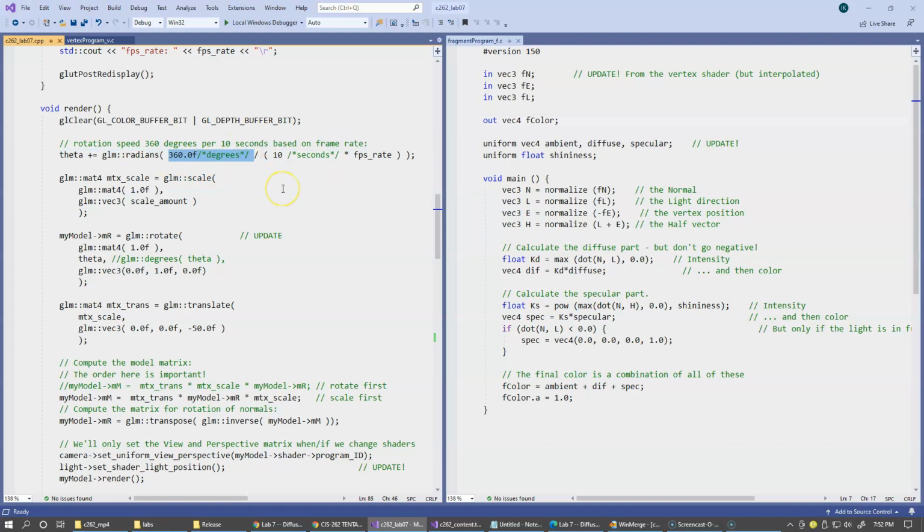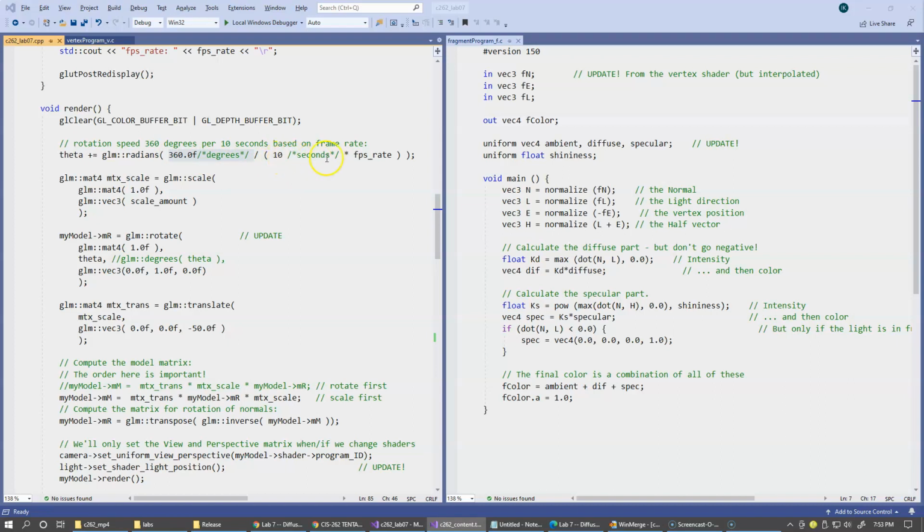If frame per second rate was like 1 frame per second, then we would divide 360 by 10 seconds, and that would be the increment we need to give our rotation angle, theta, to make sure that we make one full rotation in 10 seconds. So that would be 36 degrees per second, 360 divided by 10.